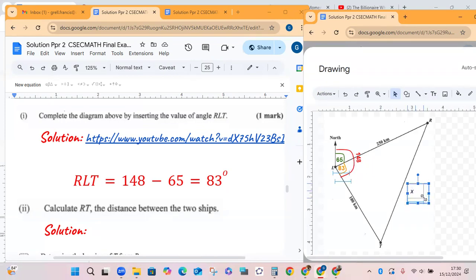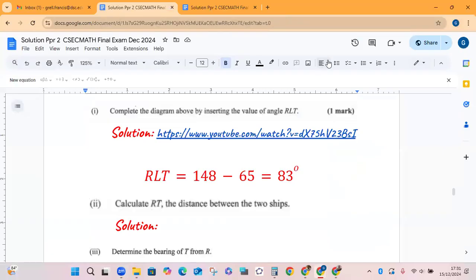Now, we've got to make some observations to know which formula we've got to use. First and foremost, we have to look at what type of triangle we are dealing with.